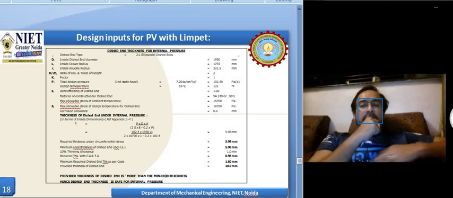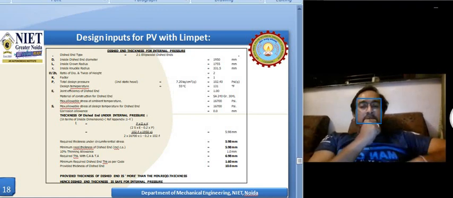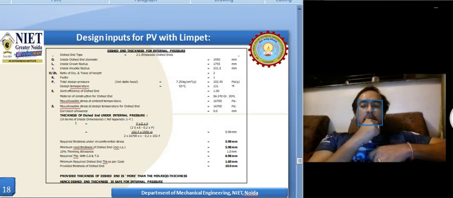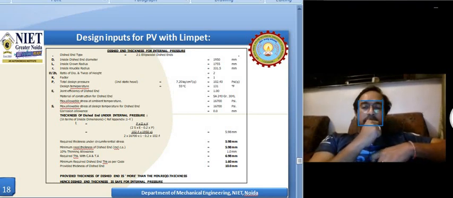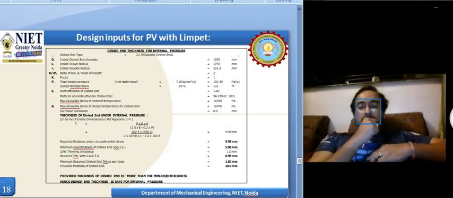Moving to the dish end, again we use the same parameters, but the formula is different. It is P into D into K upon 2 S E minus 0.2 times P. Here P is pressure, D is diameter, and K is again a factor which is equivalent to 1. If you use this relation, we get the thickness equal to 5.98, which is equivalent to 6.